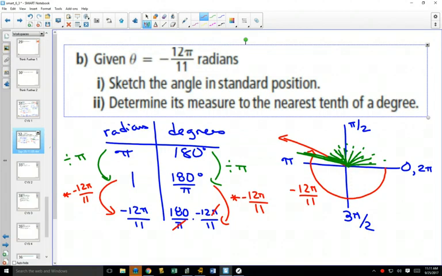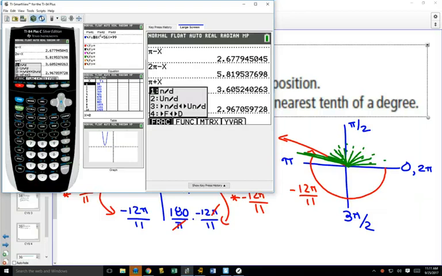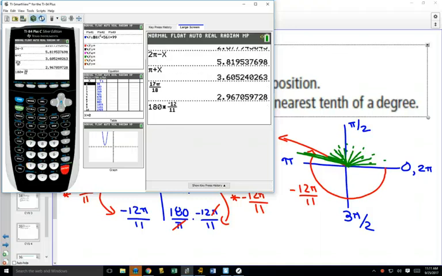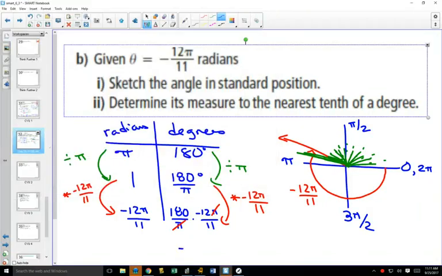If we type this into our calculator, 180 times negative 12 over 11, mine is coming up as a fraction depending on what mode you're in. So this is the simplified fraction, negative 2160 over 11.